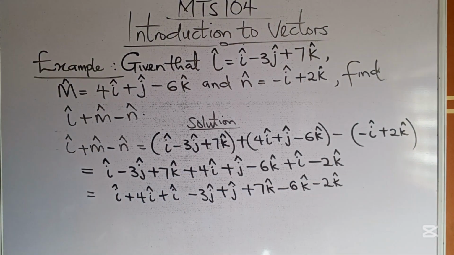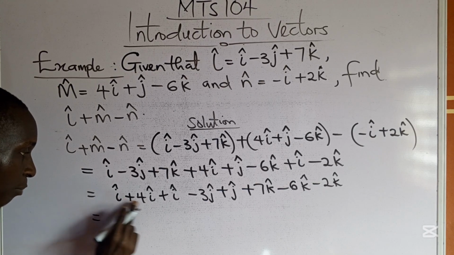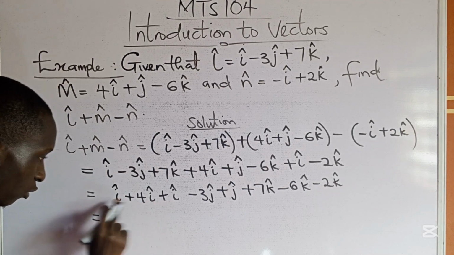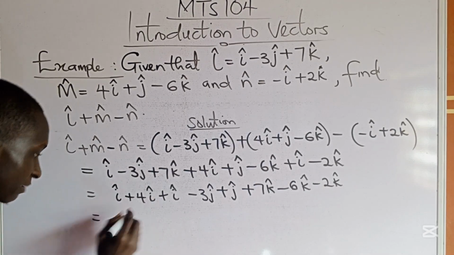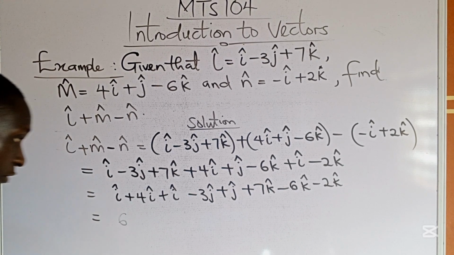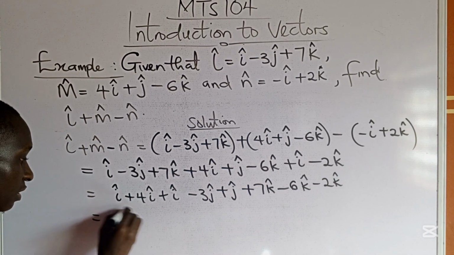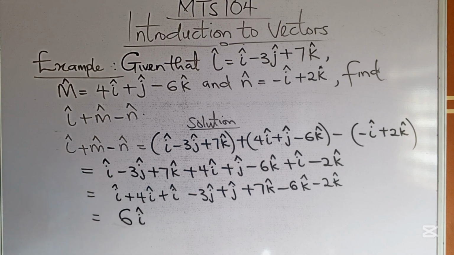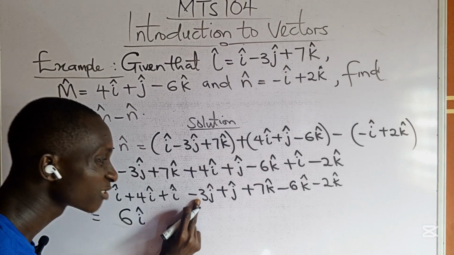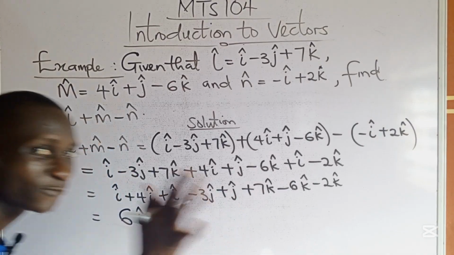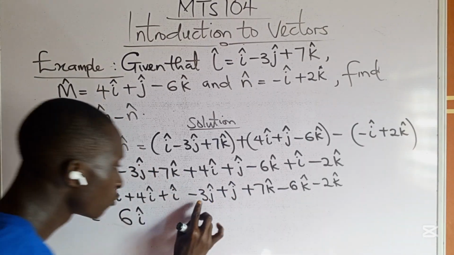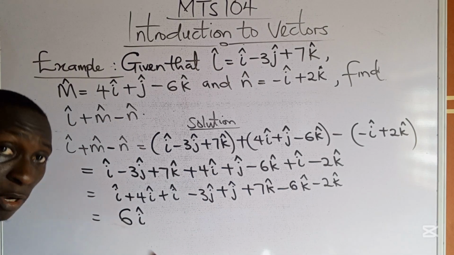Now since we've collected all the like components together, then we can proceed with adding and subtracting. So this is 1 plus 4 plus 1. 1 plus 4, 5 plus 1 becomes 6i, right? Now this is minus 3. We just have two components of j's, right? So minus 3 plus 1, that becomes minus 2.